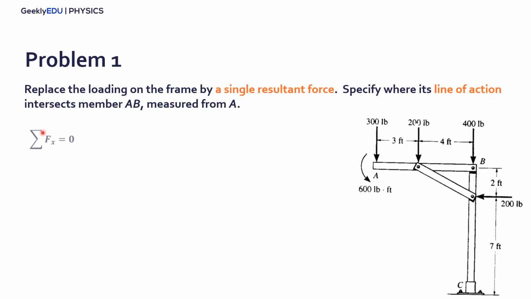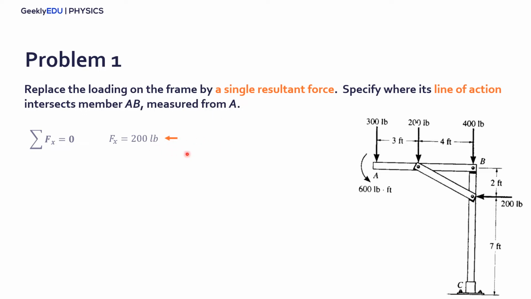We can start with the forces in the x direction, which must be 0 for static equilibrium. Well, in this case we just have one force that's pointing to the left. So the x component of our single resultant force must be 200 pounds pointing to the left, okay?